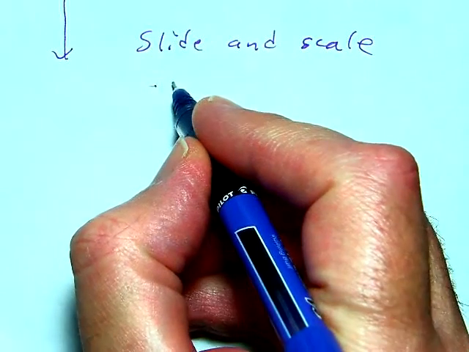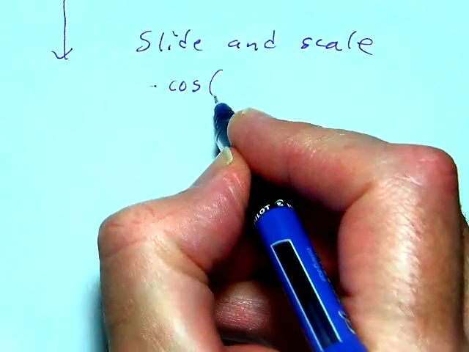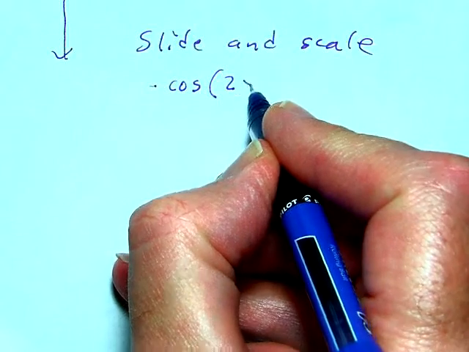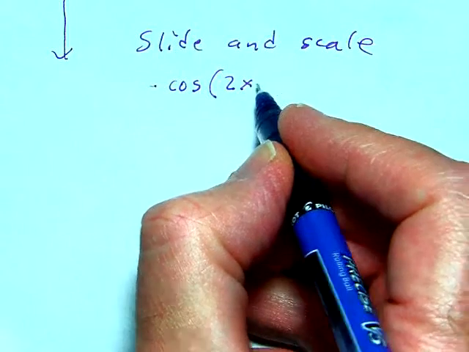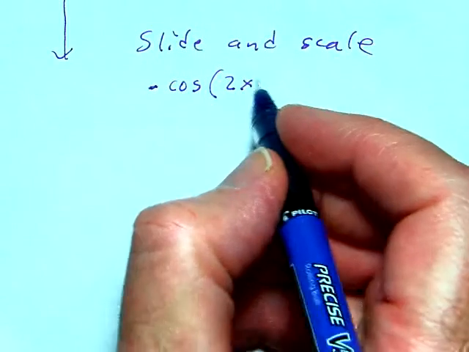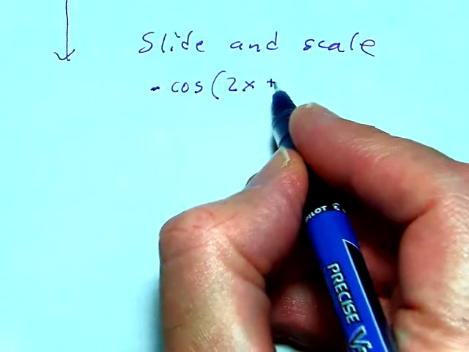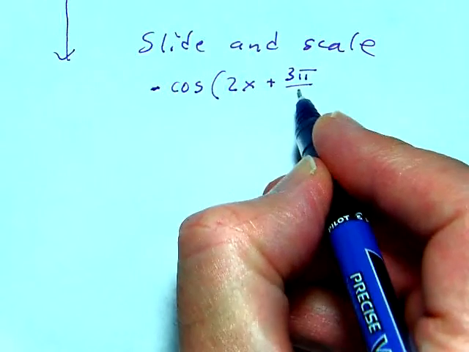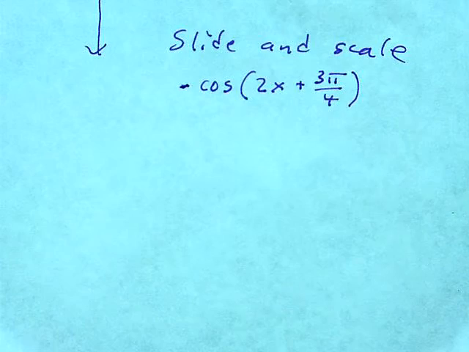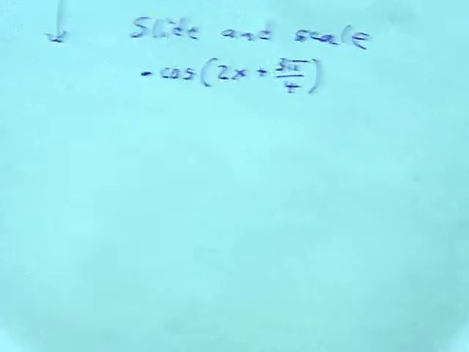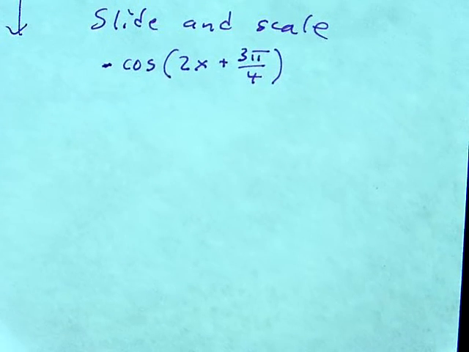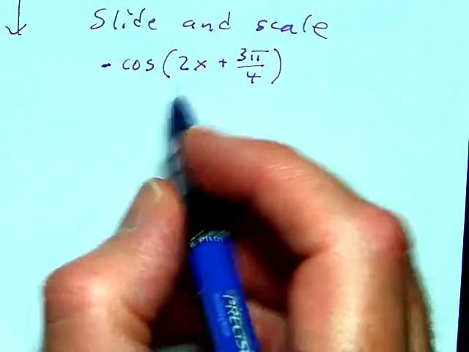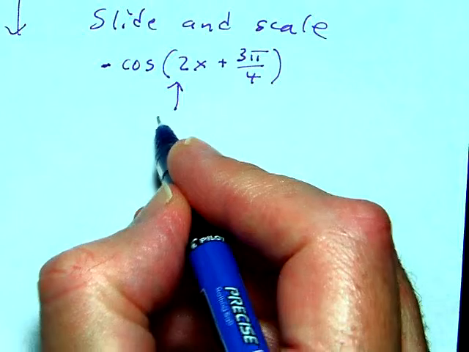So if we go ahead and write out our function again, it's negative cosine. Again, I'm ignoring amplitude and vertical shift for the moment because we can handle that in the drawing portion. We've got negative cosine of 2x plus 3/4 pi, and again, this is our scaling factor.